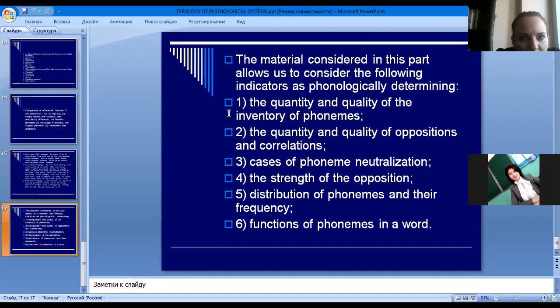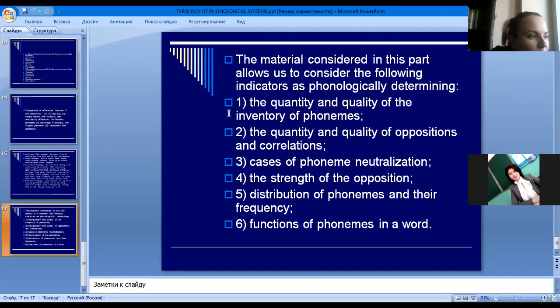All these indicators will make it possible to draw a conclusion about the typological nature of the language in terms of its phonological organization.